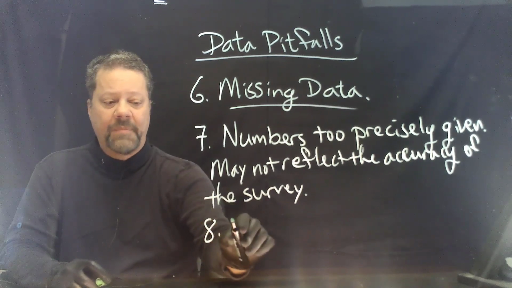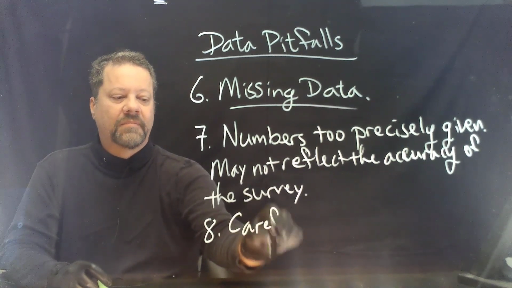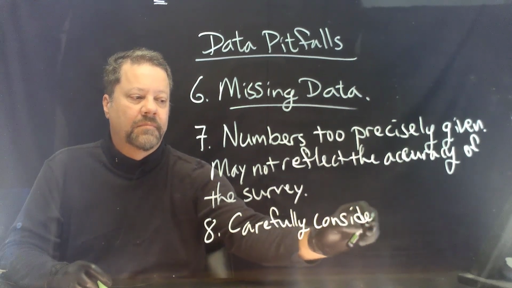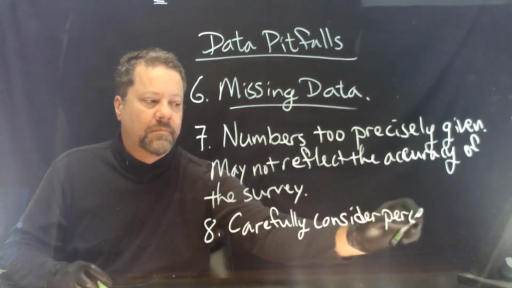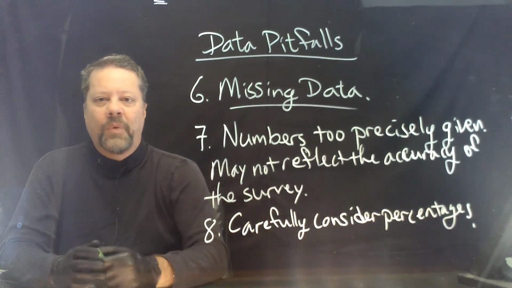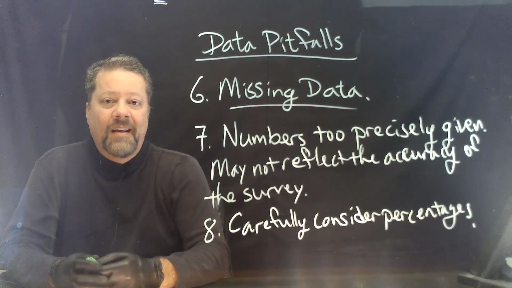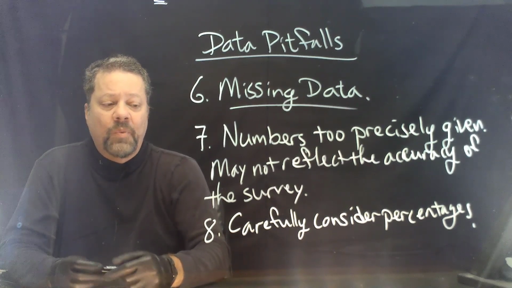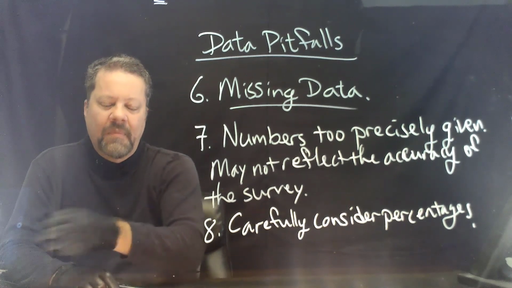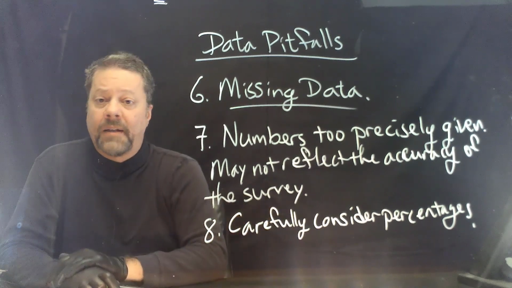Also, we have to be careful about percentages. One example may be average income. Average income is pulled way off from the middle of the income group by individuals who happen to have a very large income.